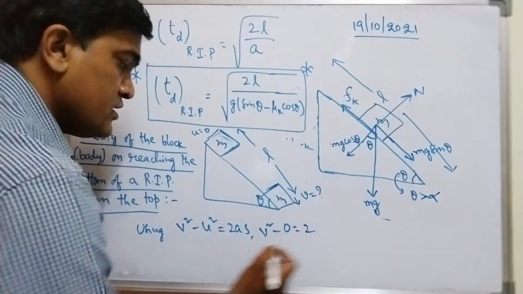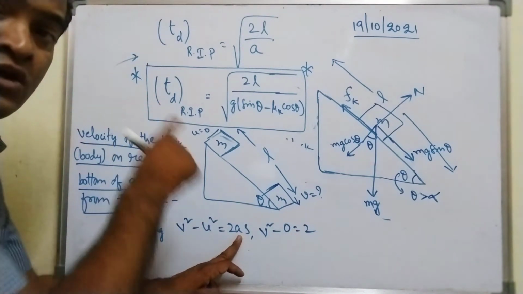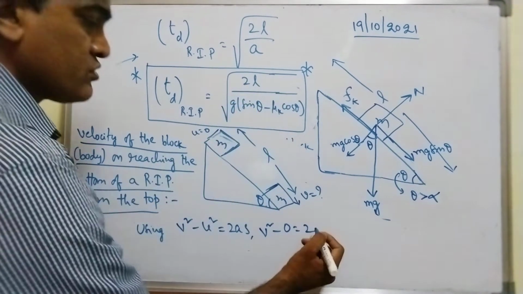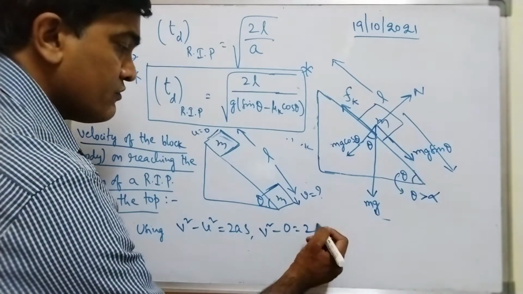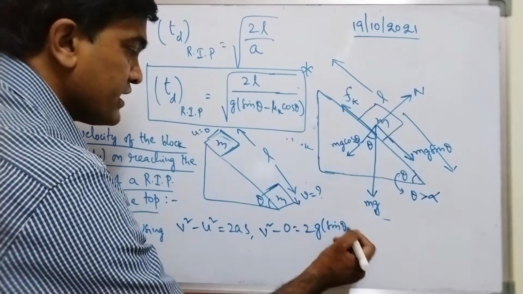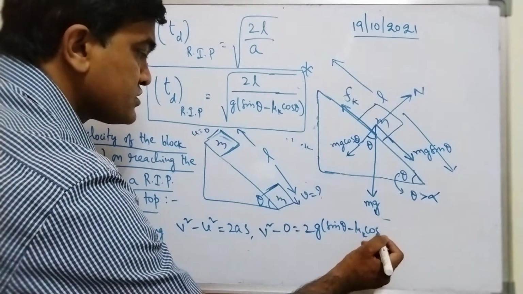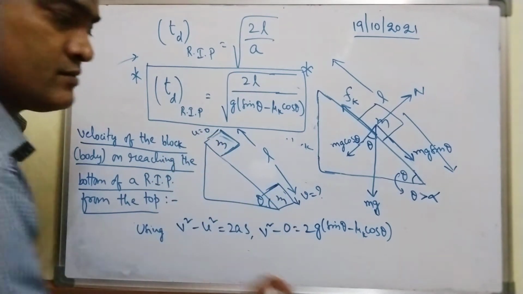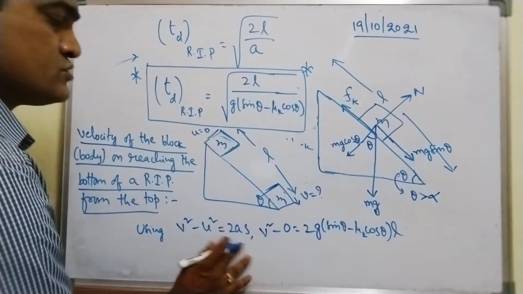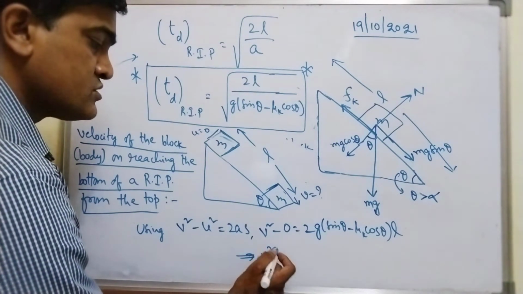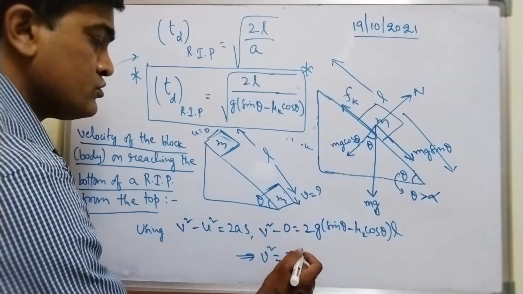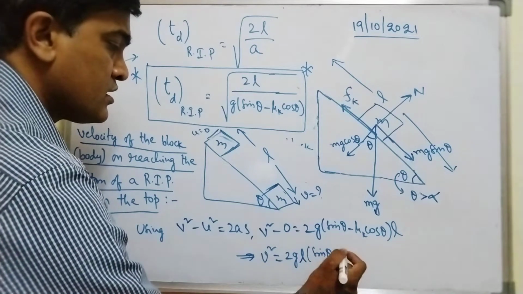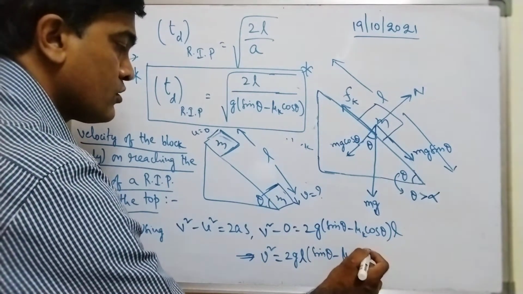So v square is equal to 2 into the net acceleration down the plane, which we just got: g sin theta minus mu k cos theta, into the distance covered down the inclined plane, L. Finally, v square is equal to 2gL into sin theta minus mu k cos theta.